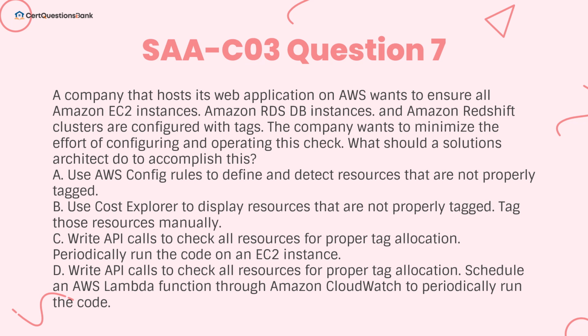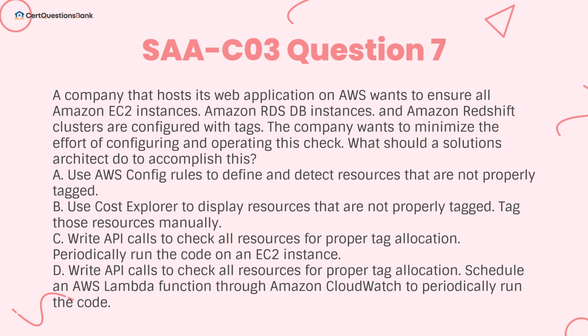What should a solutions architect do to accomplish this? A. Use AWS Config rules to define and detect resources that are not properly tagged. B. Use Cost Explorer to display resources that are not properly tagged. Tag those resources manually.